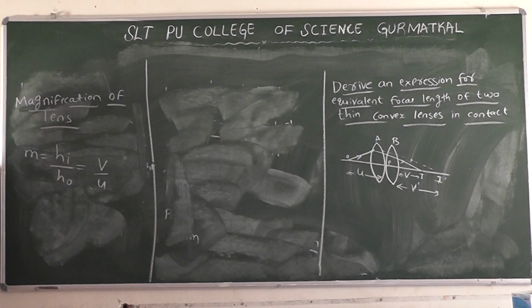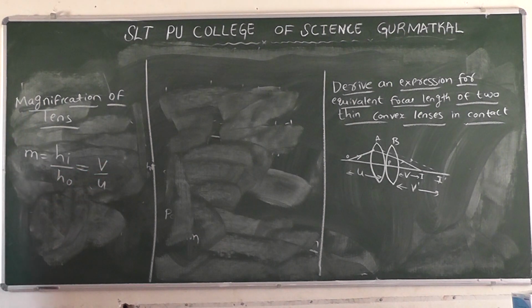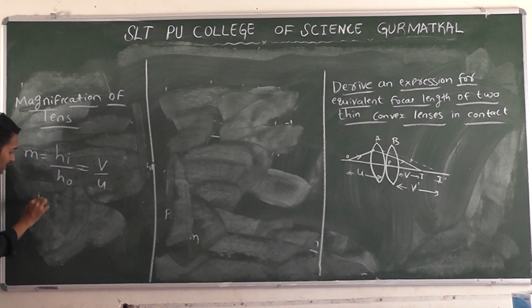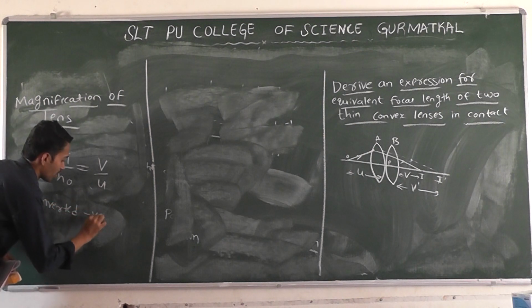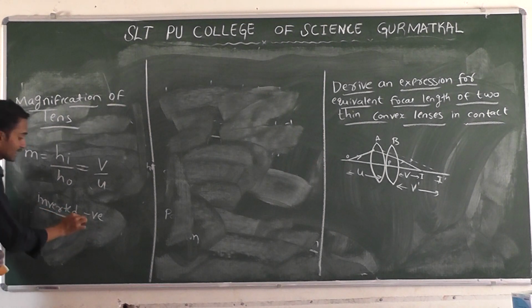The definitions are the same: the ratio of height of image to height of object, or in the form of distances, v by u. When do we write a negative symbol and when a positive symbol? When the image is inverted, we write a negative symbol.